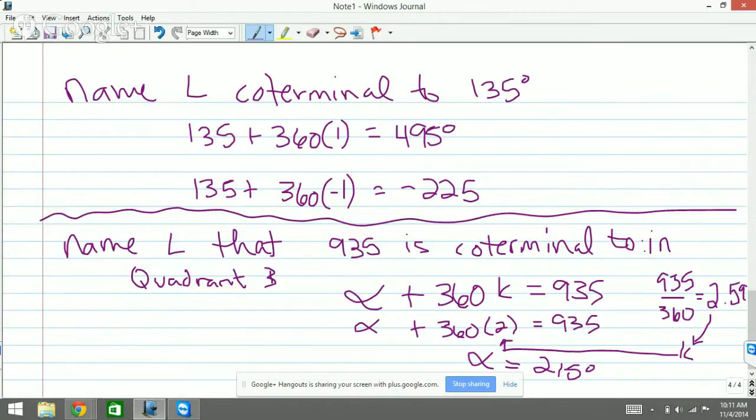What's 0.59 times 360? Was I right? I think you're right. Check it. Oh, yeah. Well, we didn't do 0.597-ish.